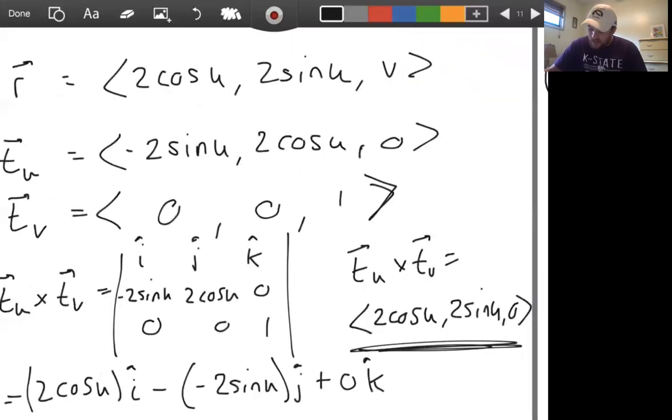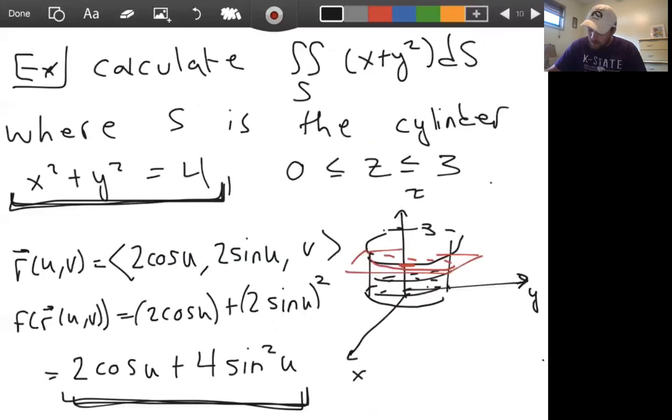Well, what's the parameter domain? This is a cylinder, and we're going all the way around the cylinder, and the trig functions are in the parameter u. So u goes from 0 to 2 pi, because we're sweeping all the way around the cylinder.